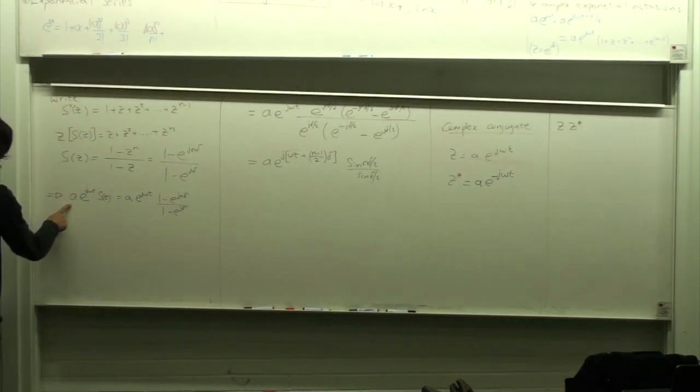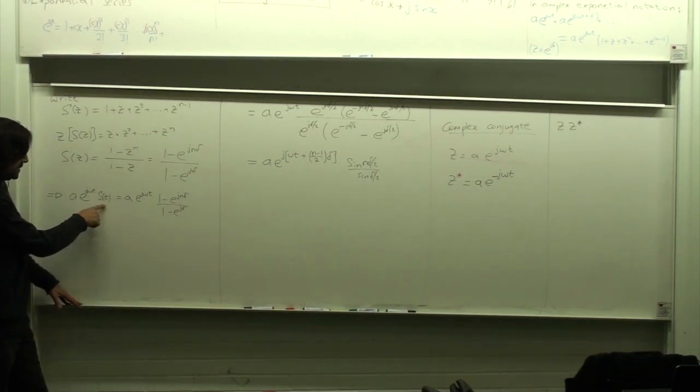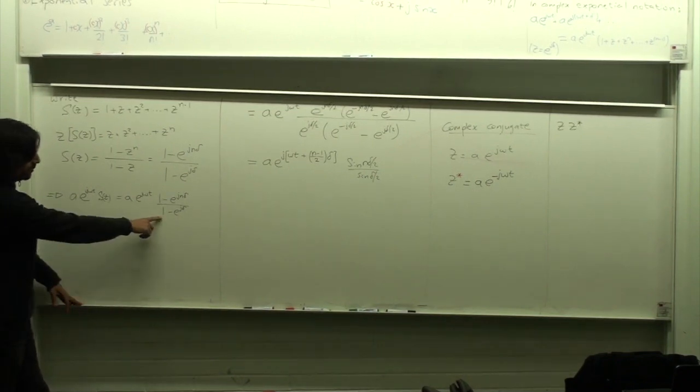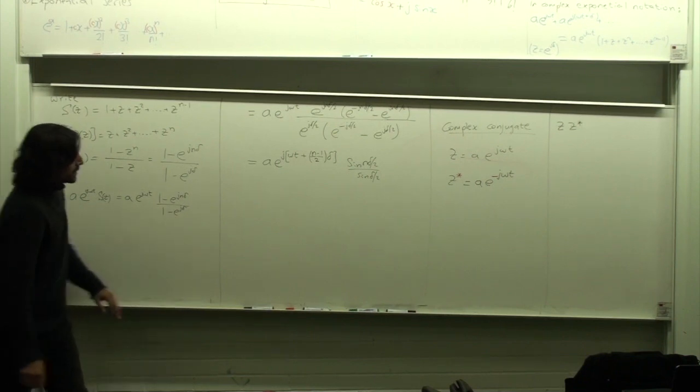So if we had a, this is the wave, a e to the power j omega t, but the superposed wave, times s of z, that would give a e to the power j omega t times 1 minus e to the power j n delta divided by 1 minus e to the power j delta.